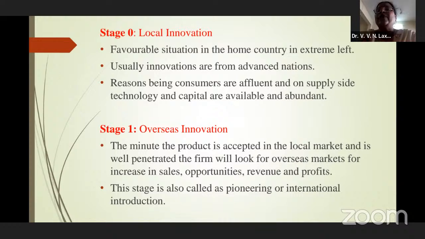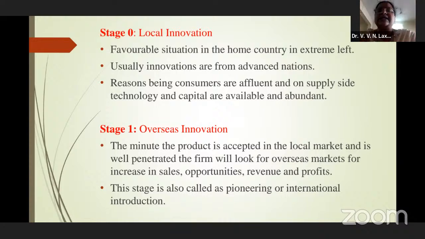And that innovation is very, very successful in that particular country. Now, once this innovation is successful, the company tries to see to it that the product is purchased by as many people as possible in that particular market till the complete market is penetrated and all the options in that market are being utilized by the company.